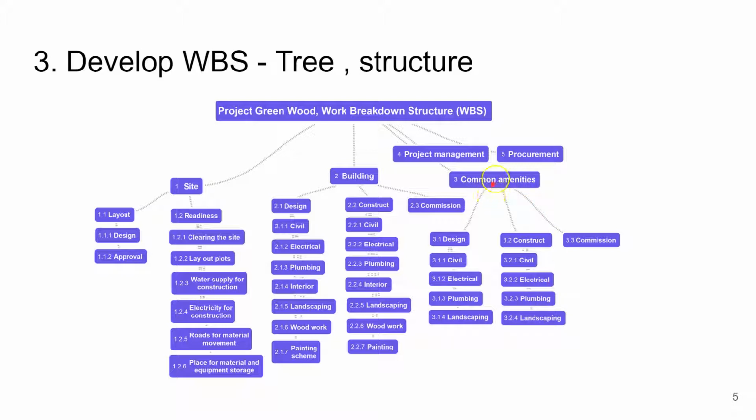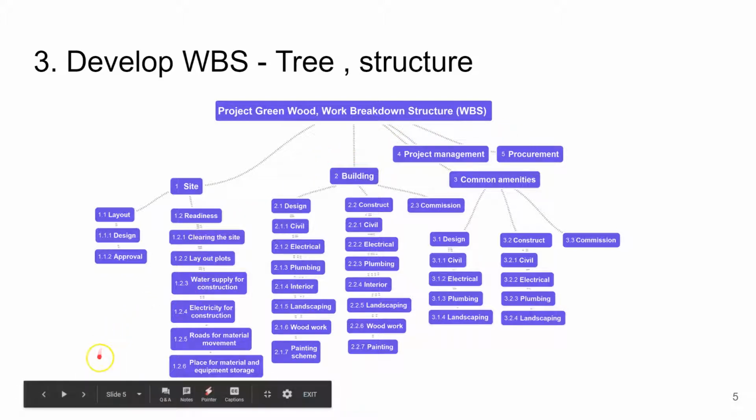And here I superimpose two more things which were not there in the product breakdown structure: the project management component and the procurement component. So with the culmination of all these things, we arrive at the work breakdown structure.